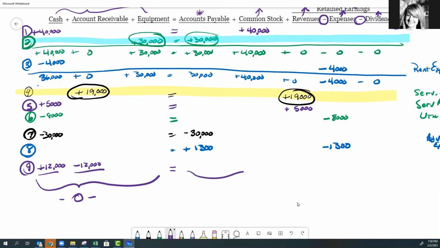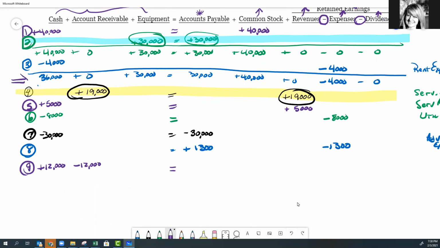How about the right side of the equation? We have nothing over here in purple, so we did nothing over there. And so that is also 0, and 0 equals 0, and we balance. So we're happy with that. Okay, so the last thing that we're going to do, we did not calculate our balances along the way. So we're going to calculate our ending balances now. I think the last time that we calculated an ending balance was up here.